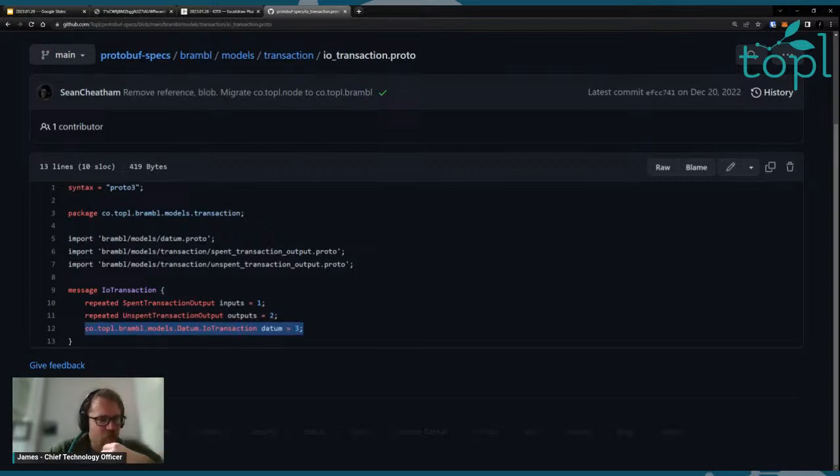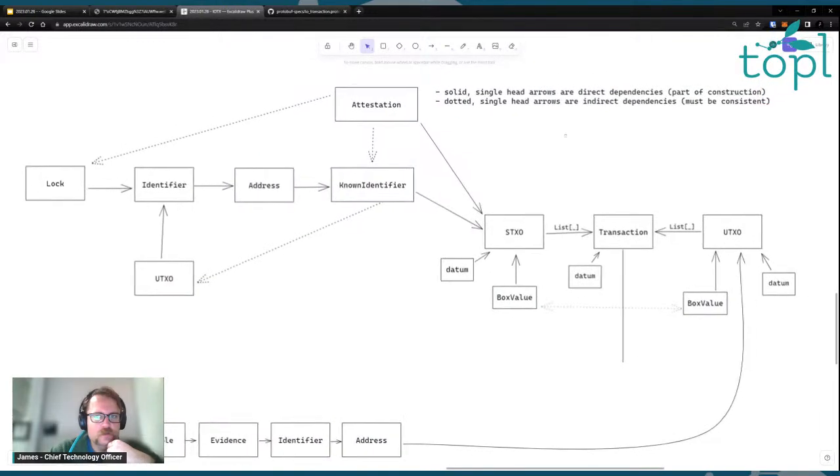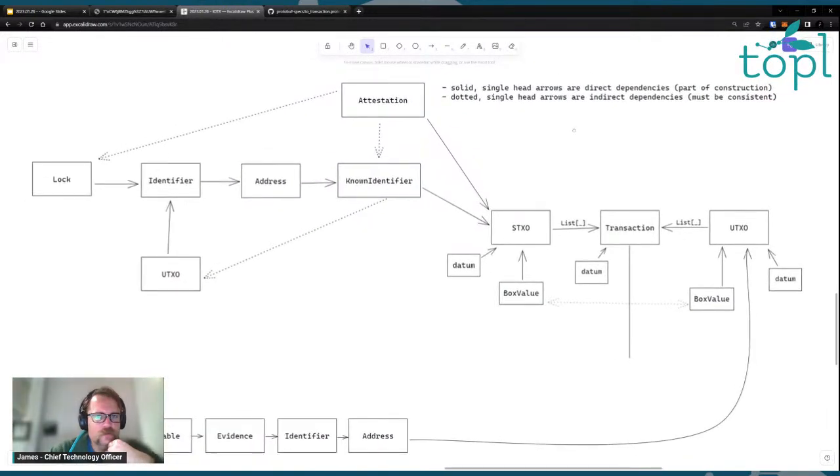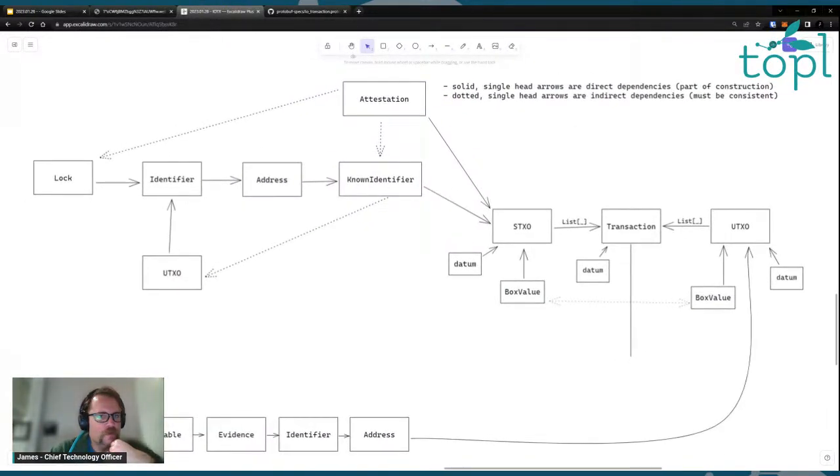And then datum. If we think about it, where did I write this? Apologies, I had a memory of writing some documentation for this transaction, and I don't remember where I put it. That was a misstep.